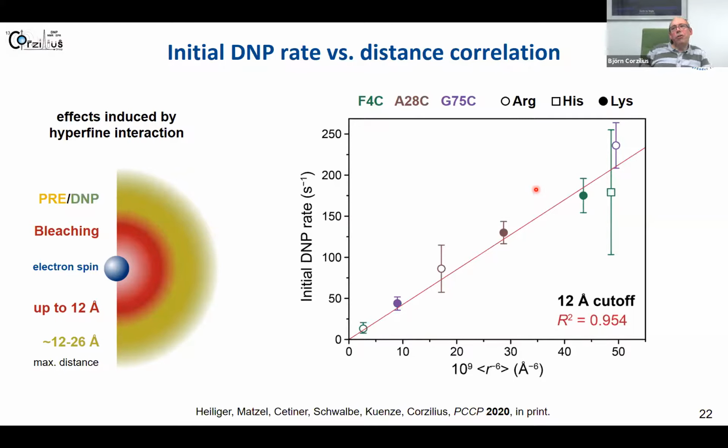So what we cannot do yet is measure de novo distances by absolute rates, for example. For this, we would have to introduce some kind of ruler, or we have to calibrate our measurement system first. What we can do here is use our data from different labeling sites.